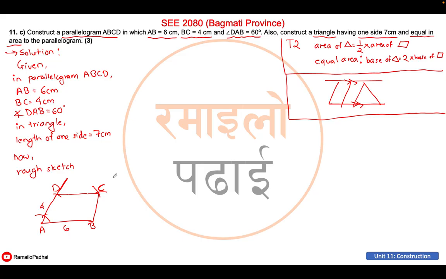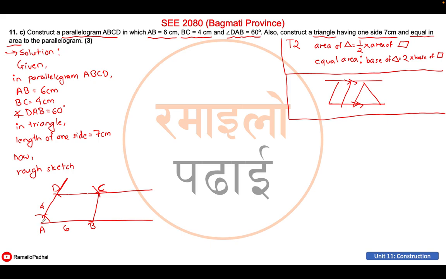Now the second part of the question is to construct a triangle with one side 7 cm equal in area. So we need to construct a triangle. We will extend AB and we will extend DC. Then to make equal area, what we already know is that the base of the triangle will be double the base of the parallelogram. So we need to double the base AB.